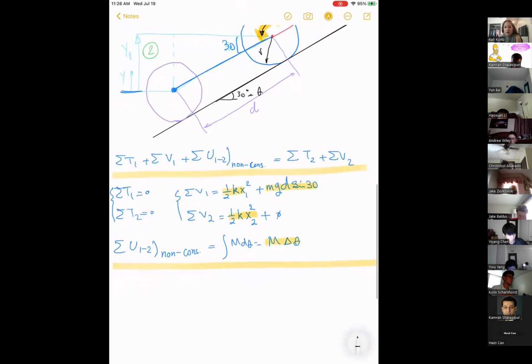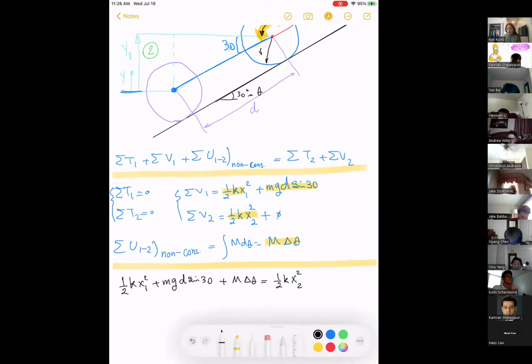So on the left-hand side, you have half k x1 squared plus mgd sine 30 plus m delta theta equals the right-hand side, which is half k x2 squared. Okay? Looks good?